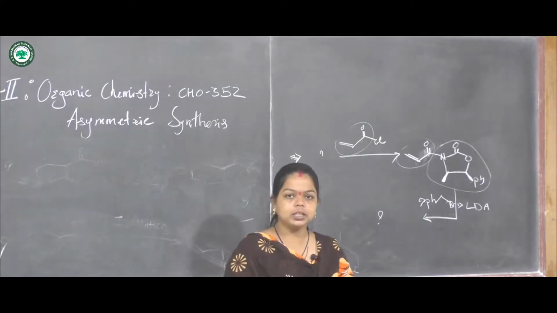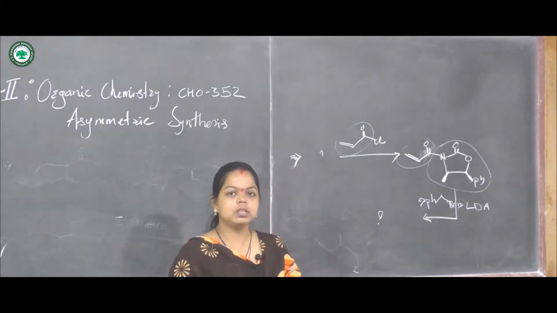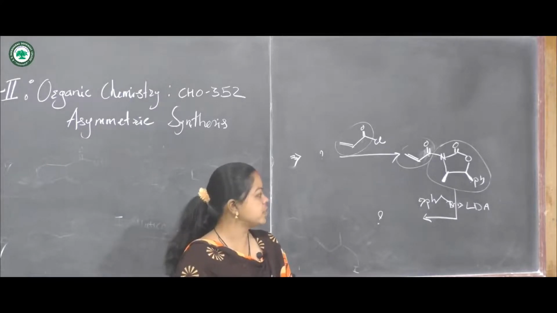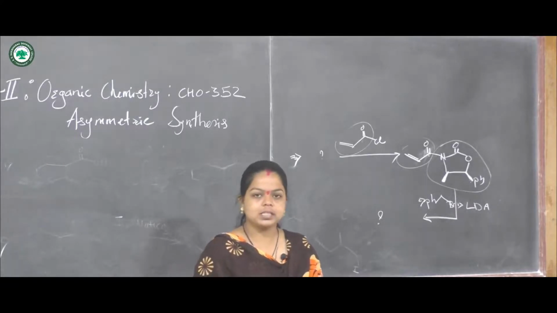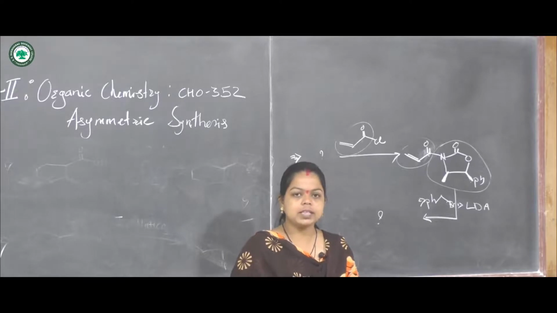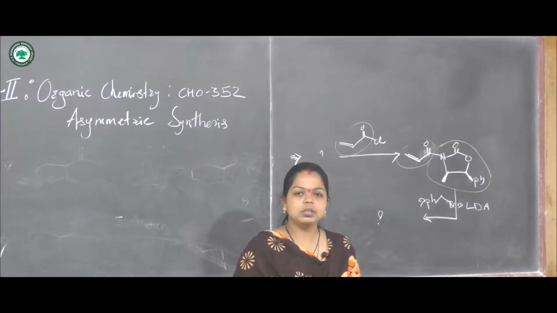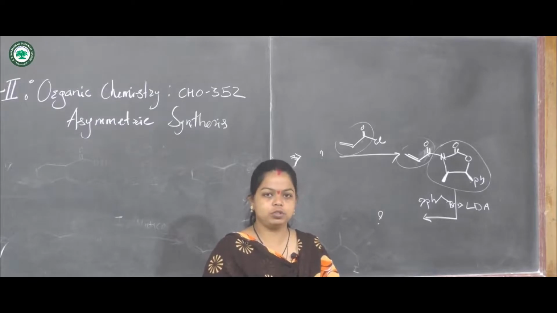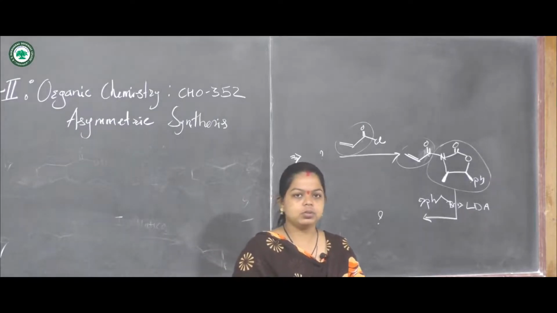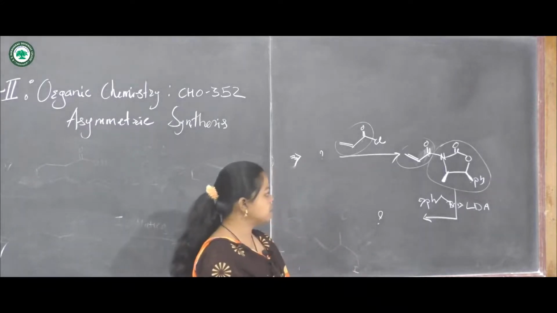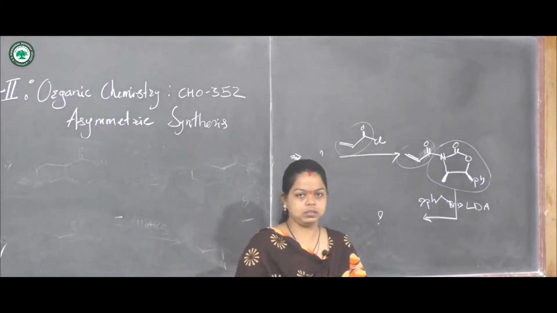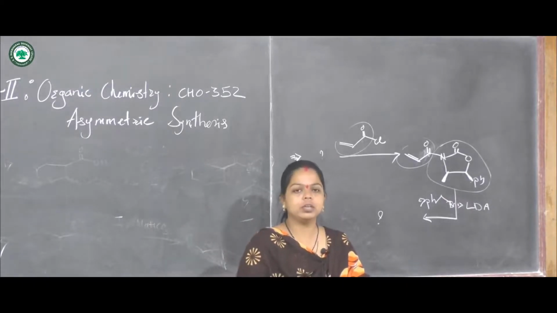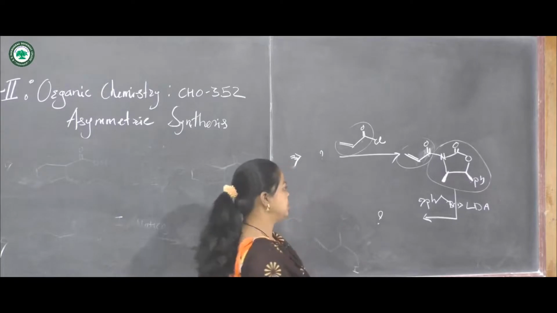We know that from norepinephrine compound we can synthesize this compound and it acts as the chiral auxiliary. When it is attached to the substrate, it influences the substrate and converts that into a purely enantiomeric substrate. So your reactant or substrate becomes chiral, and this chiral compound can carry out the asymmetric synthesis.